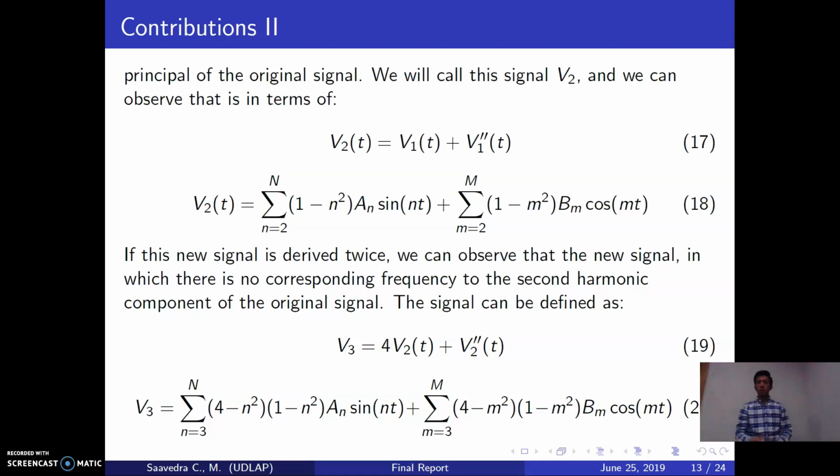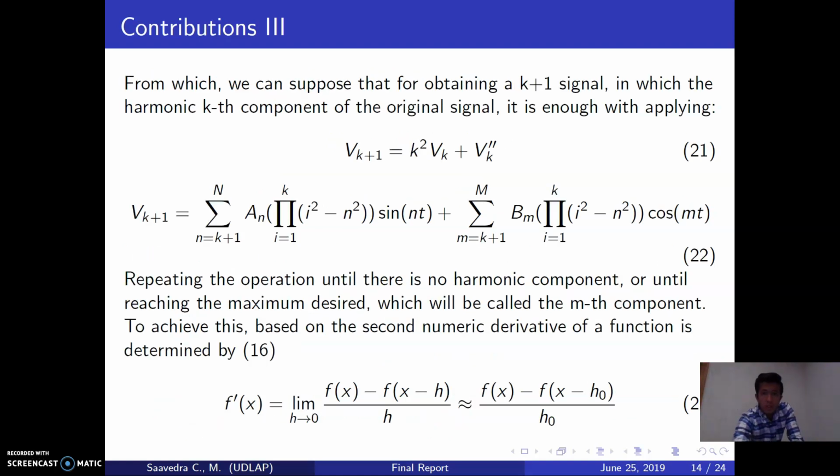After that, we can do the same thing for a v3, and this time we have to do 4 times the v2 and add this to the second derivative of this second equation. After having that, we have a series of equations, and this is what we are going to call our reticular scheme. So reticular means this series of equations.